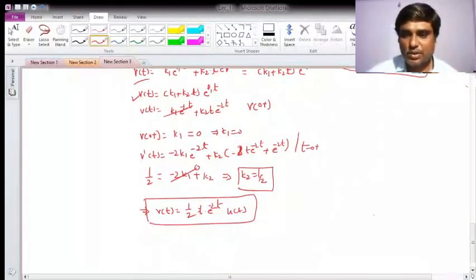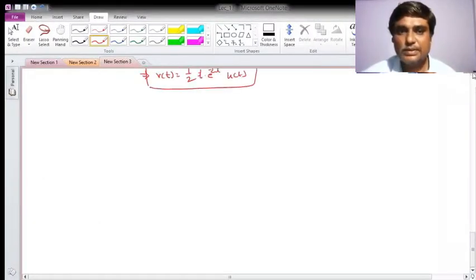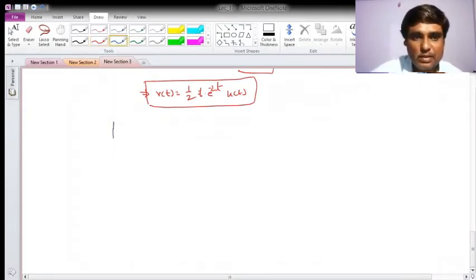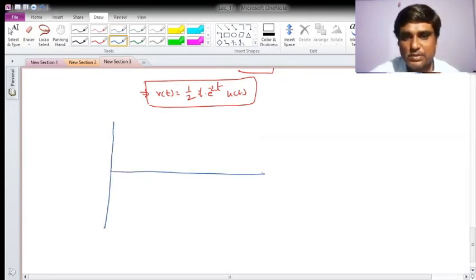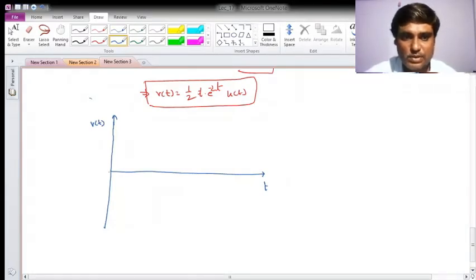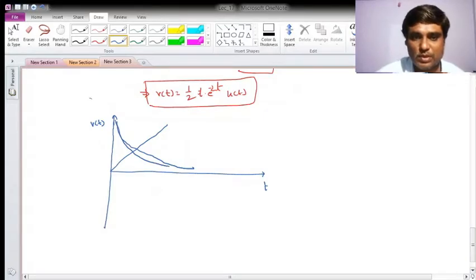Okay, so now if I would like to plot it, how will the plot be? Let us see, this will be my t, this will be v of t. Okay, so there are two parts, one is linearly increasing and the second is exponential decay. So smoothly let me draw it.